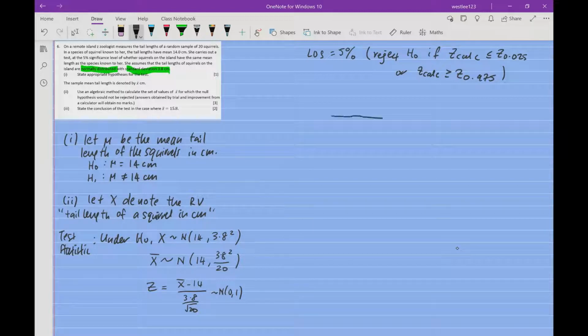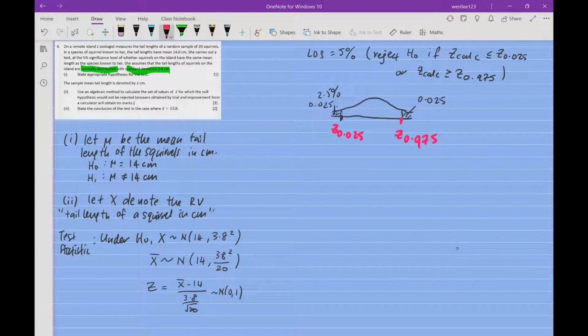Okay, to help you visualize what's going on, because we are doing a two-tail test at 5%, the critical region on each extreme end of the normal curve is 2.5% only, which is equivalent to 0.025. So this z value over here is z0.025, and the z value over here is z0.975, because the area on the left-hand side of the z value is 97.5%.